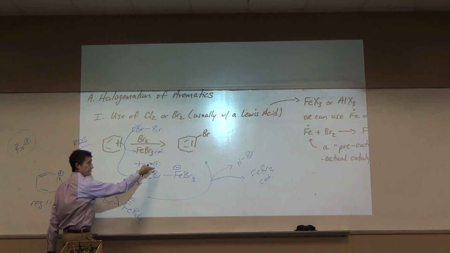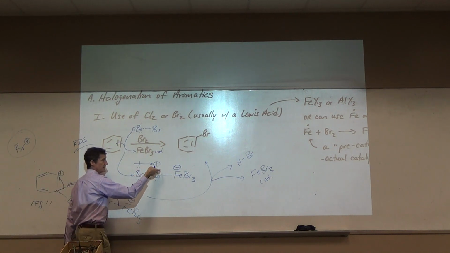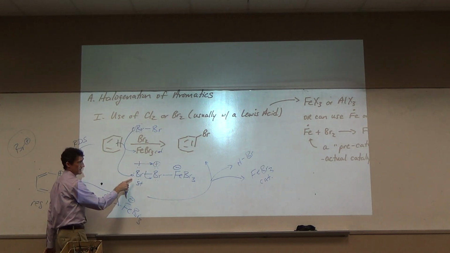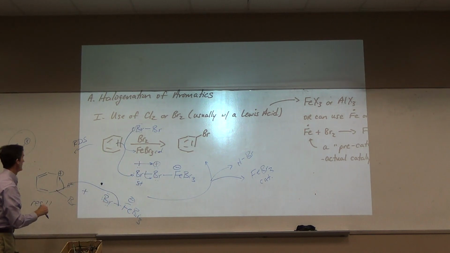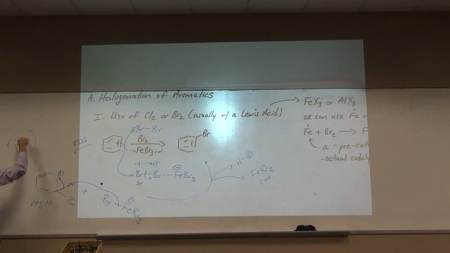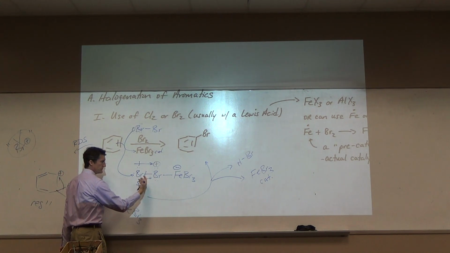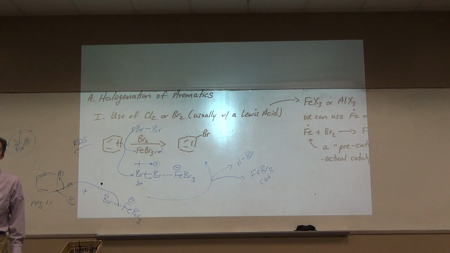We actually had a positive bromine, but it was not the one that got attacked. So we never really formed just that. And that's what most of these reactions are about. We've got to understand what is the specific species we're forming that acts as the electrophile.